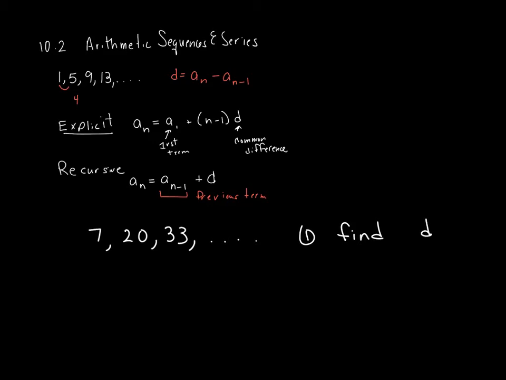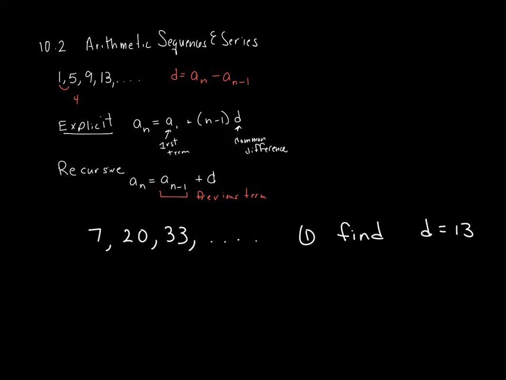That common difference in this case is 33 minus 20 is 13. 20 minus 7 is also 13. So my common difference here is 13.